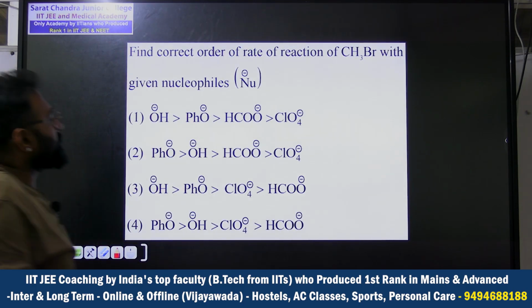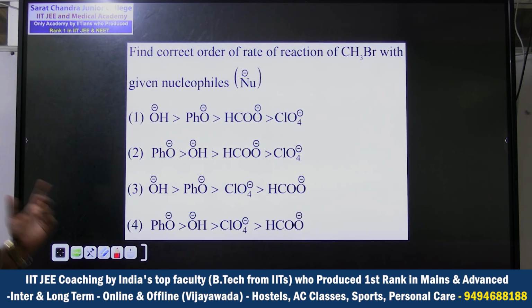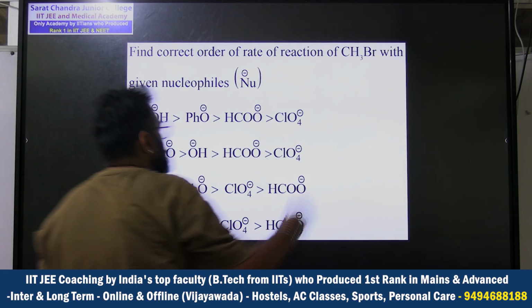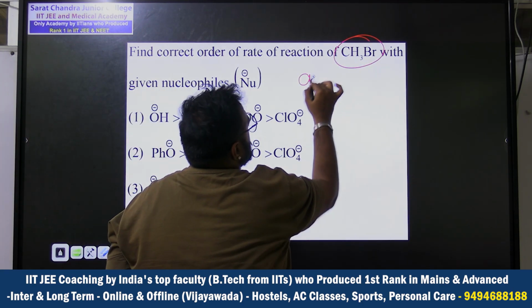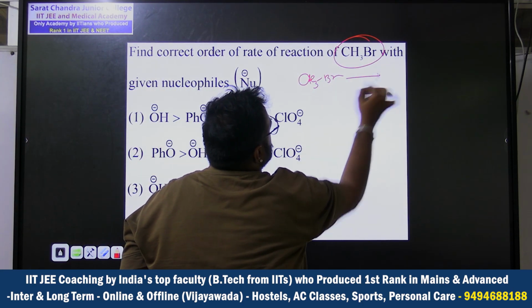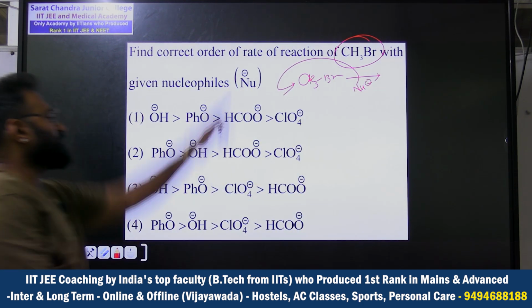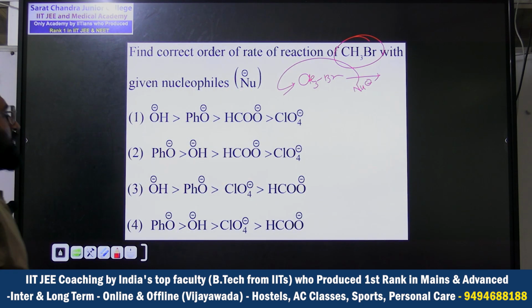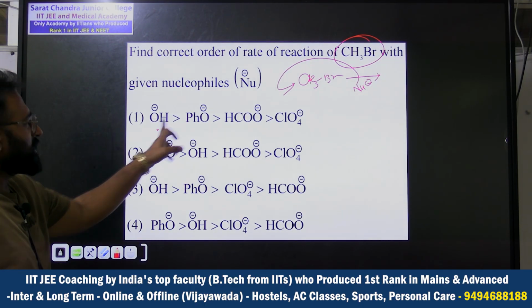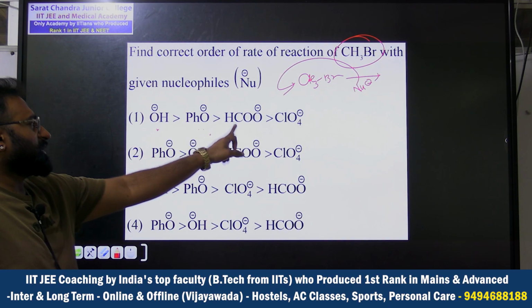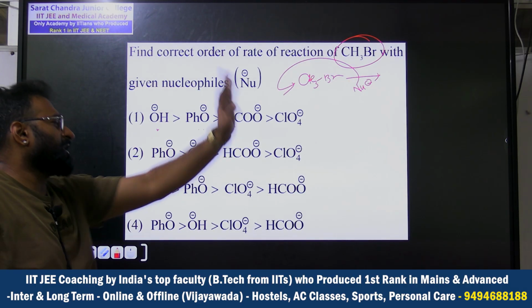Okay. Chalo, let us see the next question. Correct order of nucleophile with 1 degree CH3Br. The nucleophile will attack. So which will attack in the best way? Obviously OH best, then PhO minus, then formate, and then perchlorate.